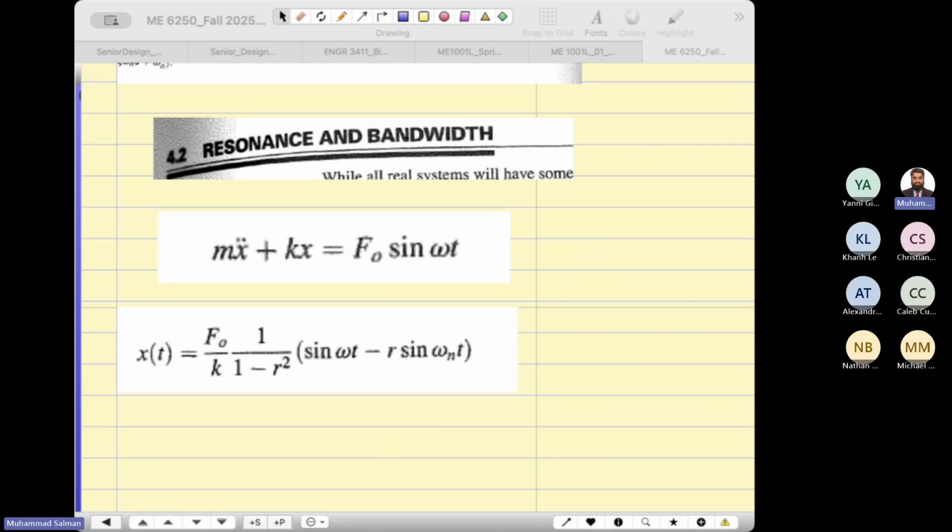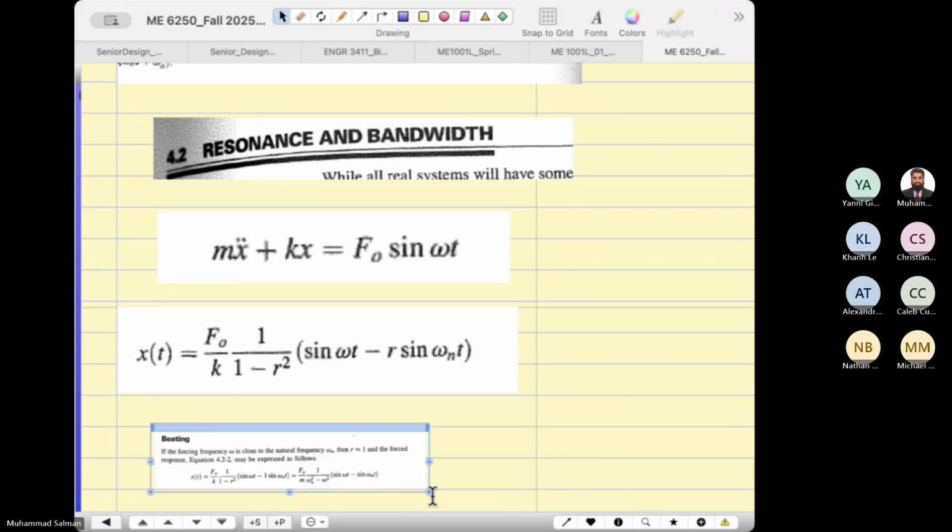Assuming this is the undamped case, this is a steady state response, and the forcing frequency is omega. And then comes another concept, beating.